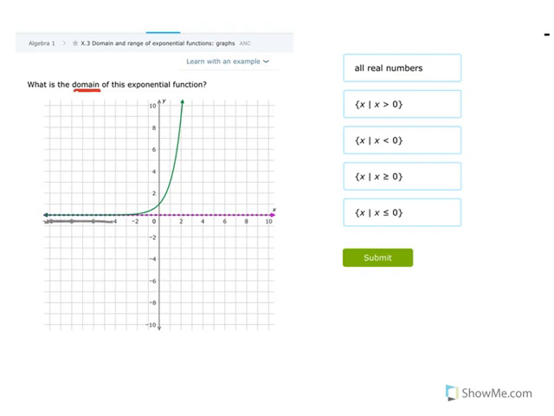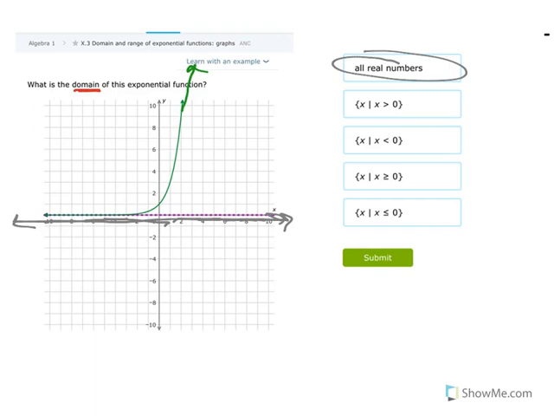You can keep going to the right, and your graph just keeps getting taller. You can put in any x value to the left, and it keeps going forever. So the domain for an exponential function is going to be all real numbers.